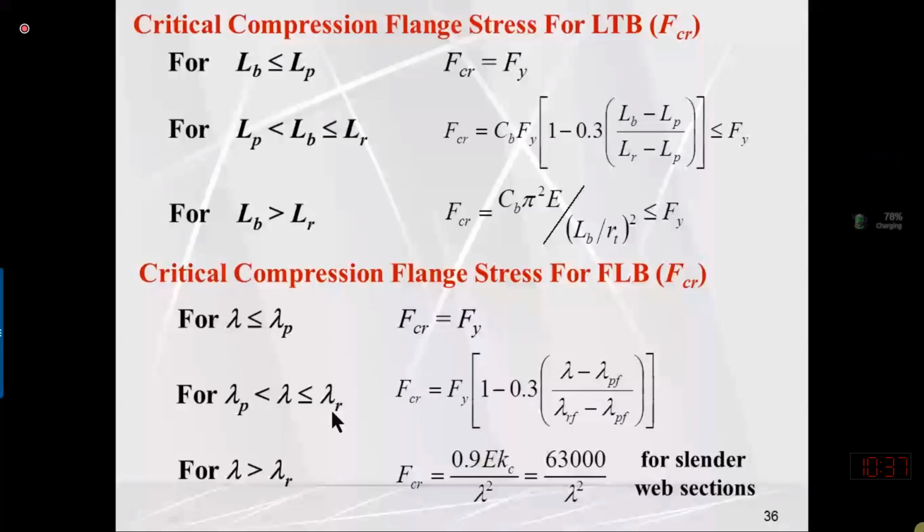This equation and the previous one are almost the same. What is the difference? Wherever we have the unbraced length, we have the lambda f value. Where we have the LP value, we have the lambda pf value. And where we have the LR value, we have the lambda rf value. So only the unbraced length is replaced with the lambda value. After determining the FCR value, we can compute the moment carrying capacity.